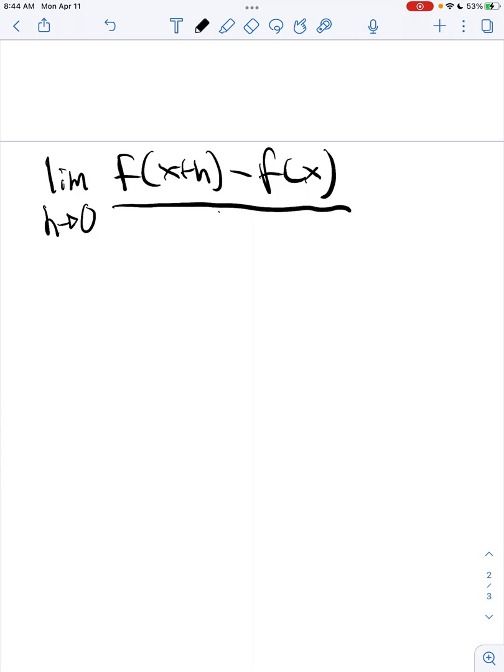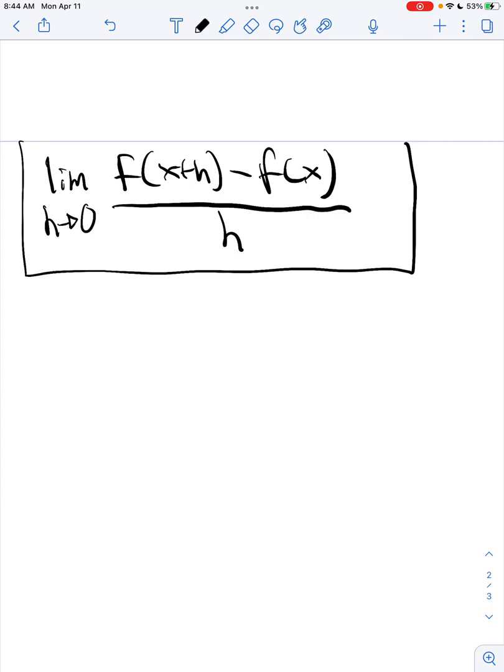So let's say that we have the limit as h approaches 0 of f(x plus h) minus f(x), all over h. This is pretty standard as far as our base formula, how we begin evaluating, and the function that we're going to evaluate is 3x minus 1.